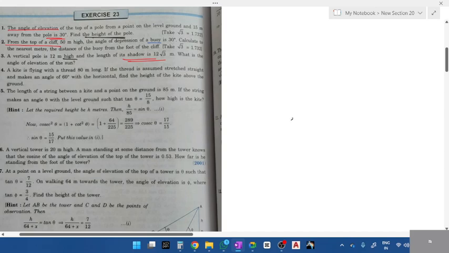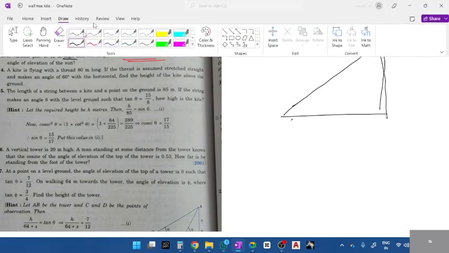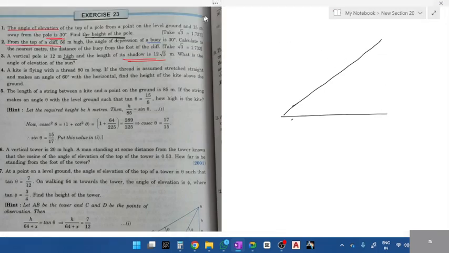So what's the first step you have to do, Joanna? Basically, which triangle do we use for this chapter? Right angle triangle. Clear? And what shall we name it? Give me alphabets. A, B, and C. We have 3 points.